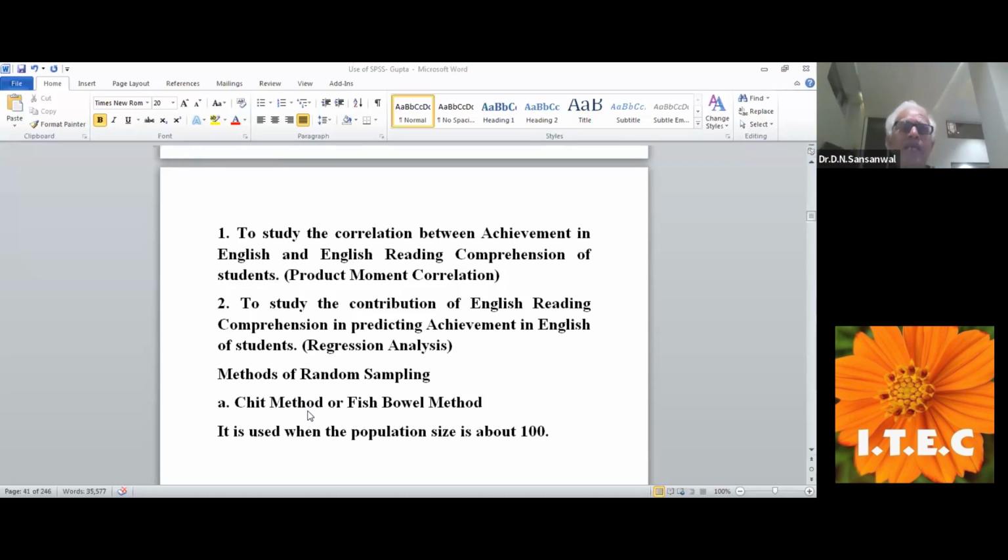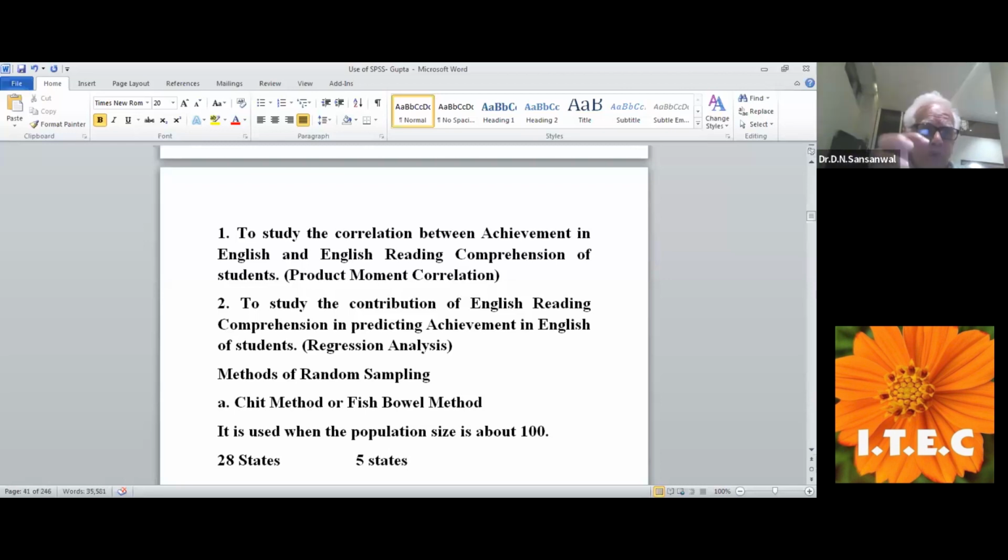Now, if you have 28 states, how many do you want to select? Suppose you want to select 5 states. So out of 28, you want to select 5 states. So you put all the states in one container and you shake it.